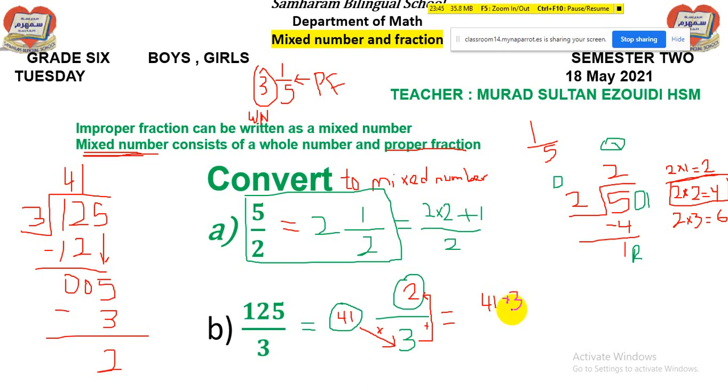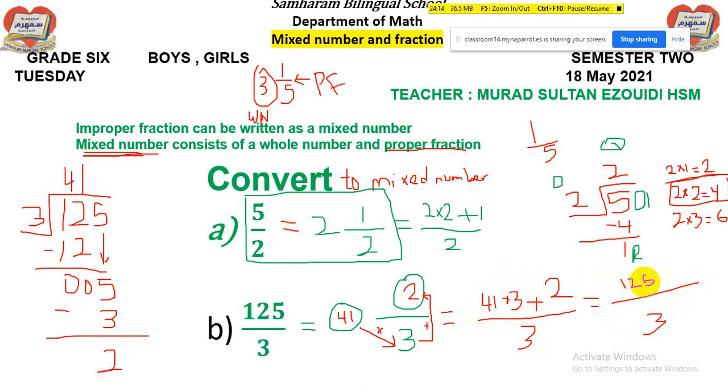We told 41 multiplied by 3, then I will add the remainder, plus 2, then divide this by the divisor. The divisor is 3 here, the same as that. 41 multiplied by 3 is 123. Plus 2 is 125.